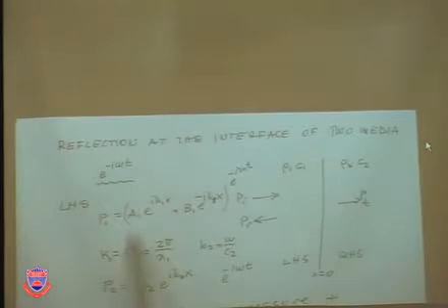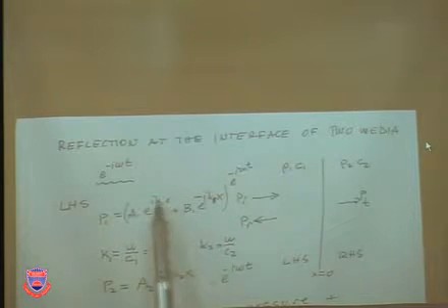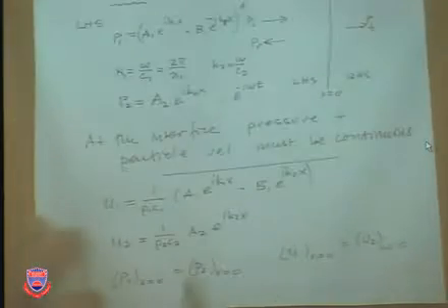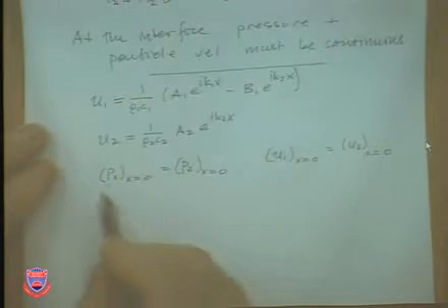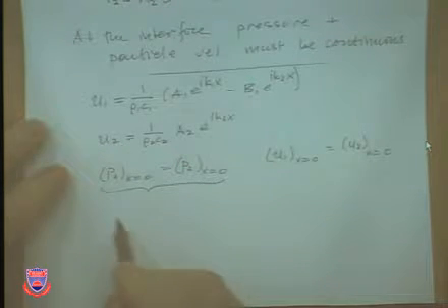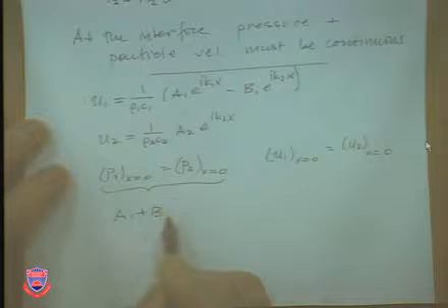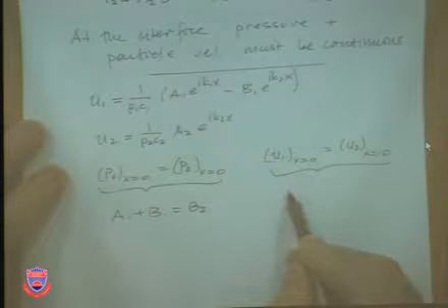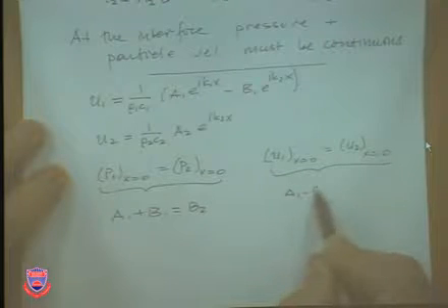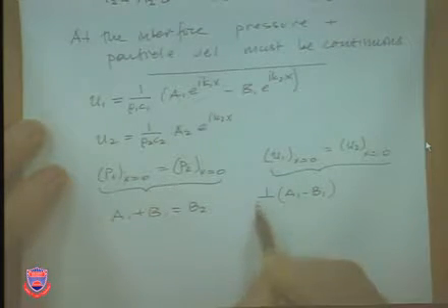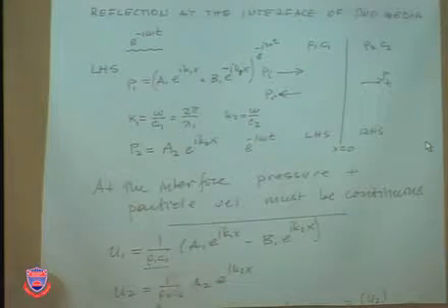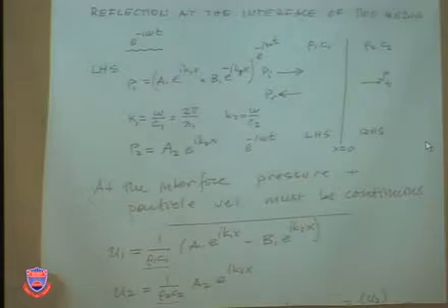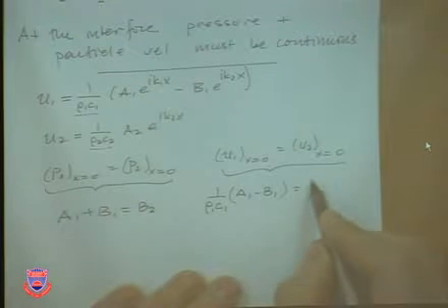Going back to the pressure expression, we can say A1 plus B1 is equal to B2. And for this, we write A1 minus B1. But one has to be careful here, because particle velocity expressions have the impedance expressions rho1 C1 and rho2 C2.